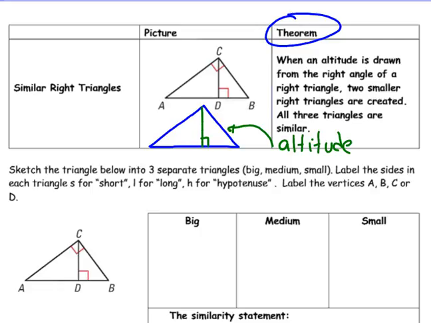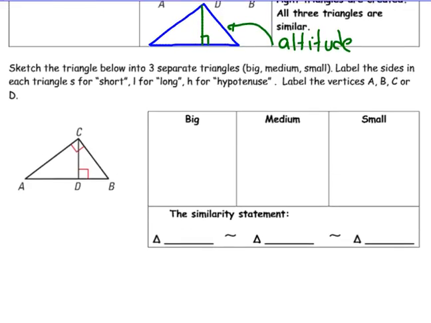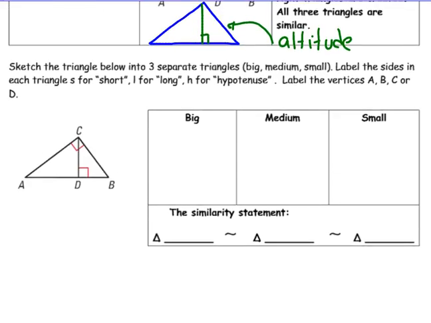So when you draw an altitude in a right triangle, you create two smaller triangles that are also similar to the third one. So what we're going to do is we're going to write a similarity statement for all three right triangles. And the idea is we're going to separate the triangles into the big one, the medium one, and the small one.